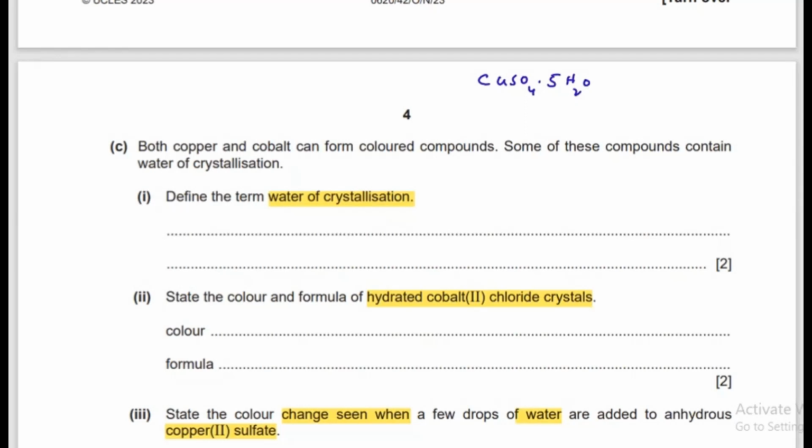So water of crystallization means the water molecules present in hydrated compounds.